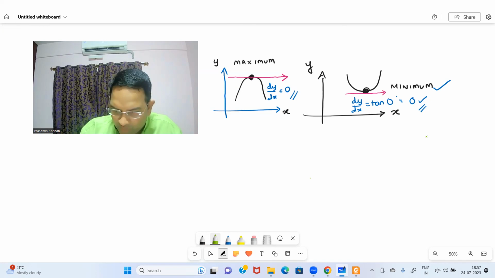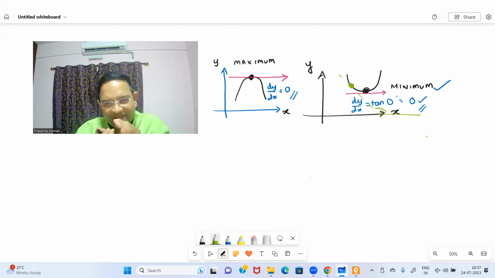Okay, fine. Now, please pay the same amount of attention that you have paid so far. Let's look at the minimum now. Before this point, what is dy by dx? Negative. Awesome. It is negative because if I draw a tangent here, what angle will it make with the x-axis?